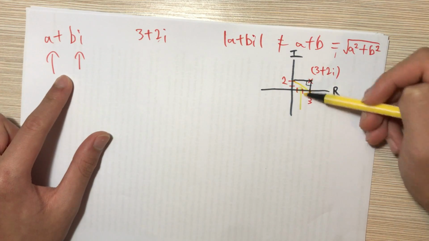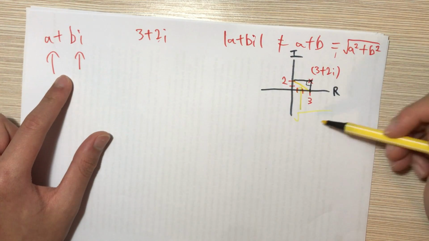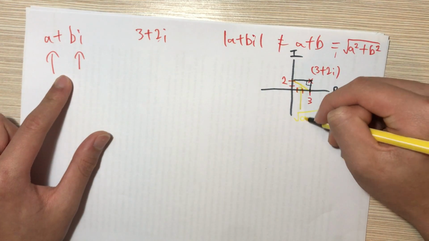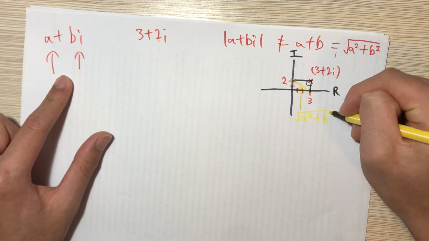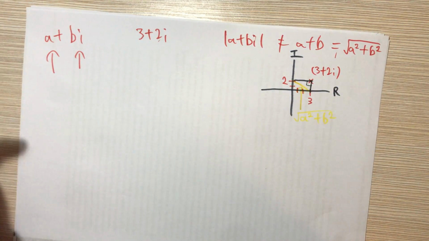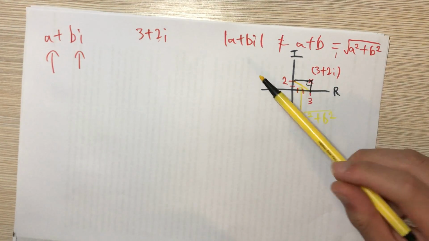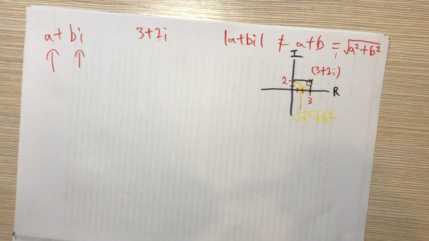And finding this is not difficult. Just use the Pythagorean theorem, a squared plus b squared. The absolute value of a plus bi will just be the hypotenuse of the triangle.